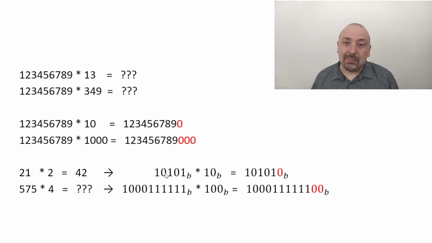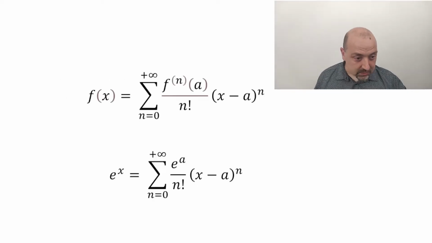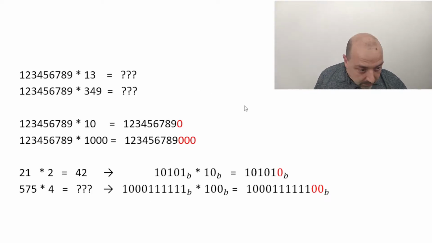When you multiply by 2, you just multiply by 10, and you can apply the same trick. Put a 0 at the end. And when I ask you to multiply by 100, the second number, I hope you can see my mouse somewhere here, then you see you add the 2 zeros. So you can apply the same trick when you do coding.